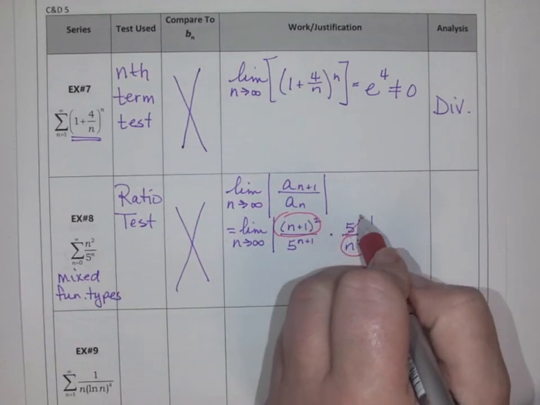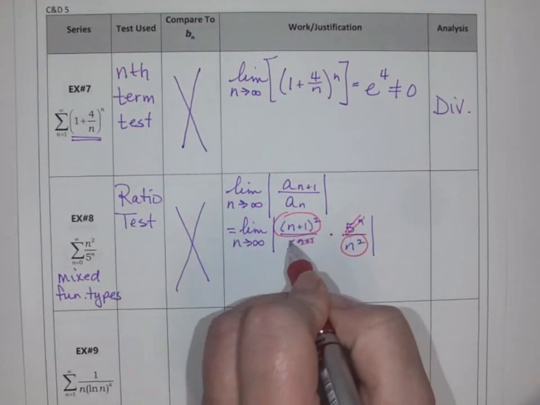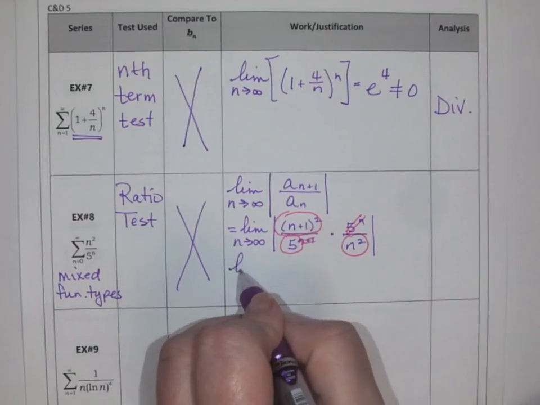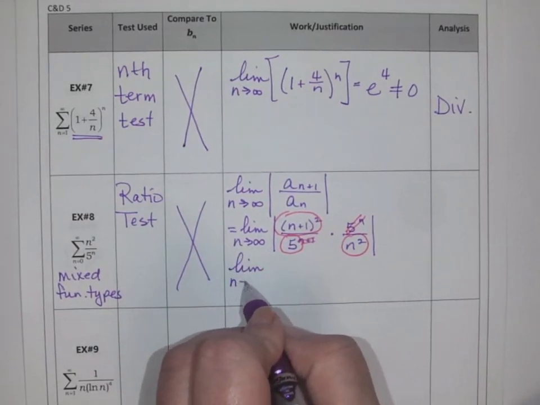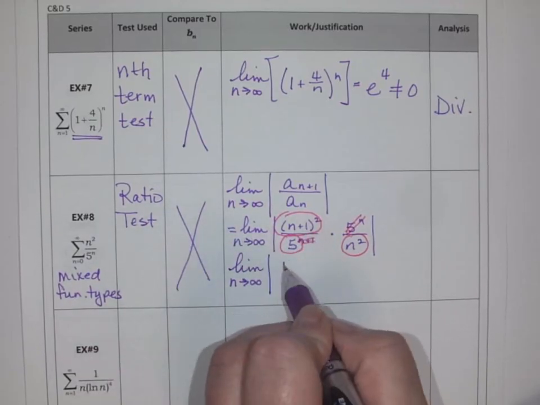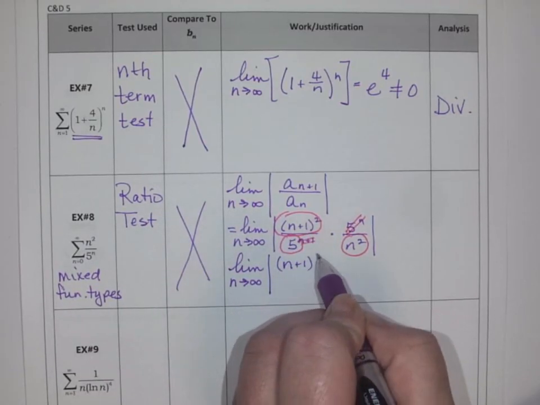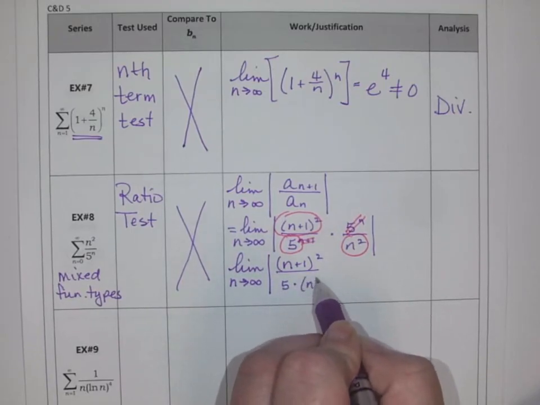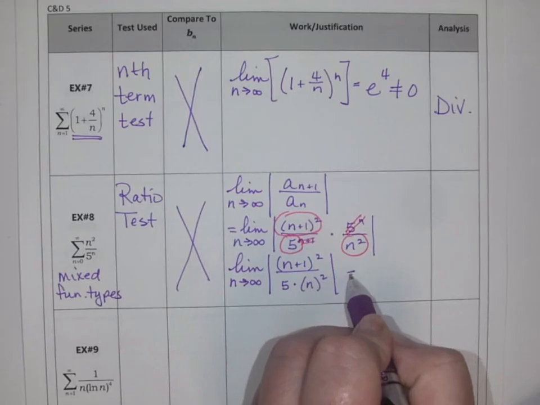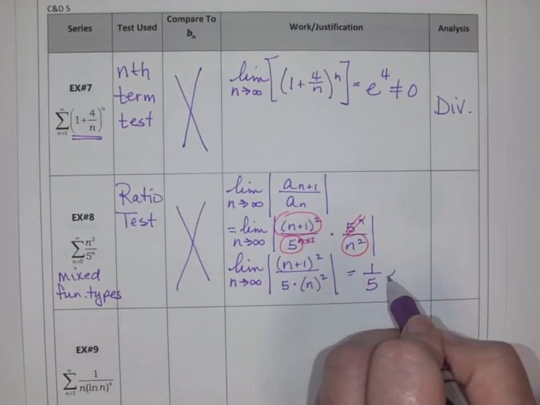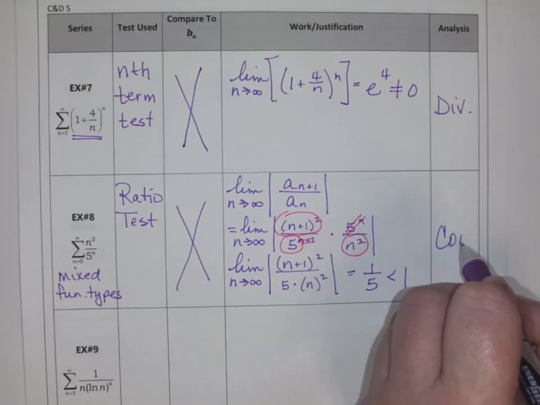Then the 5 to the n on top gets rid of the exponent, and we're left with a 5 on bottom. So if I rewrite what I have, the limit as n goes to infinity of the absolute value. On top, I have n plus 1 squared. On bottom, I have 5 times n squared. Well, those are going to be equal, so my ratio is 1/5, which is less than 1, so we say it converges.